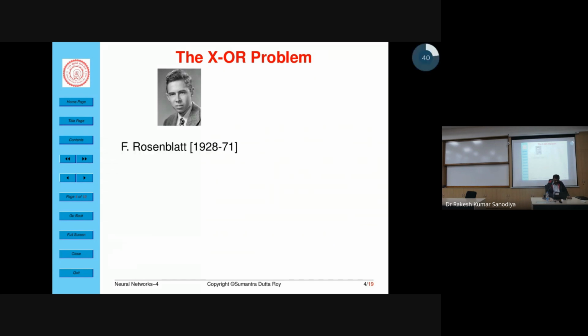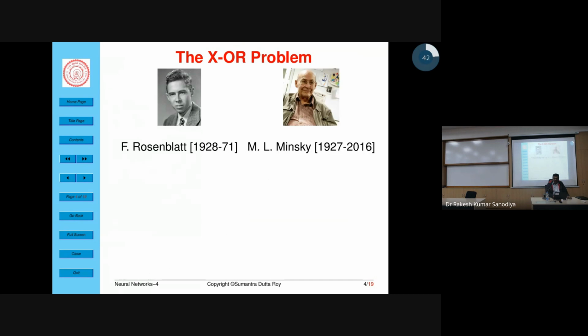He was also up against one of the doyens of that period, Marvin Minsky, who's also known as one of the founding fathers of the field of AI. By the way, there's some other interesting things as well. Marvin Minsky was a student of a Canadian researcher named Tucker.